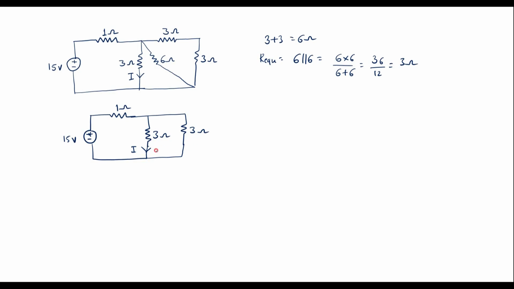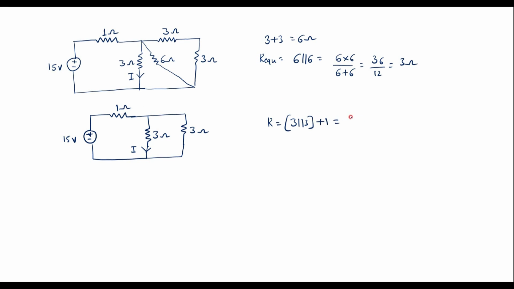Before finding that, I will try to find the total current in the circuit. To find the total current in the circuit, these two resistors are in parallel. That whole combination is in series with the 1 ohm resistor. So here R is equal to 3 parallel with 3, and that whole combination is in series with this.